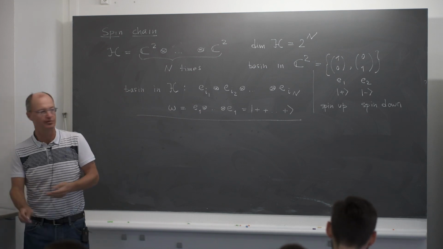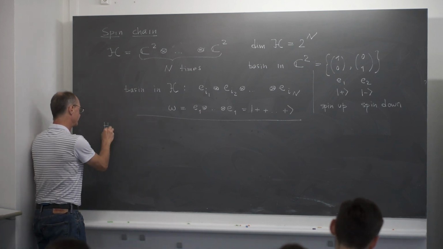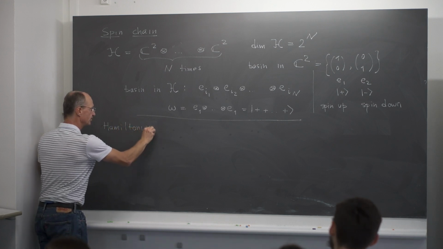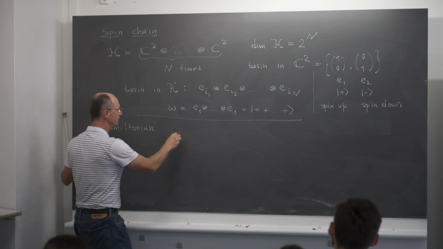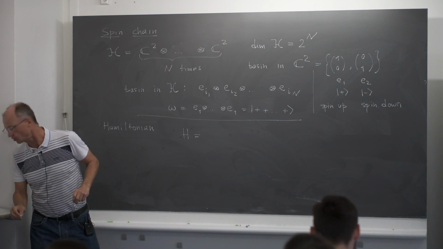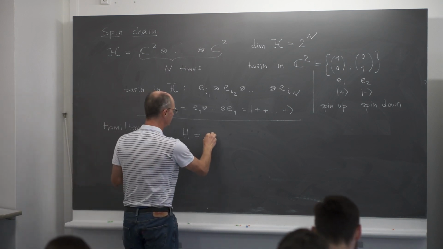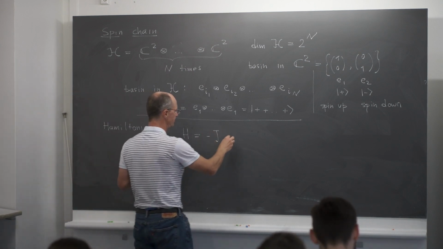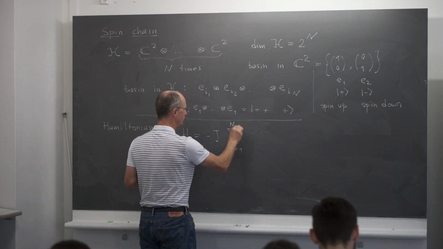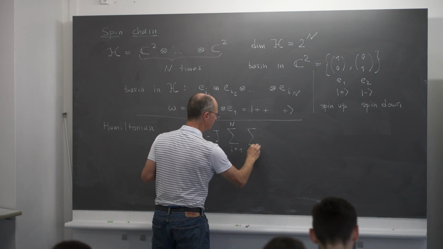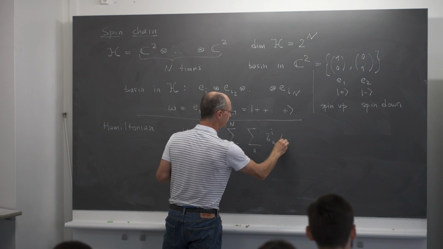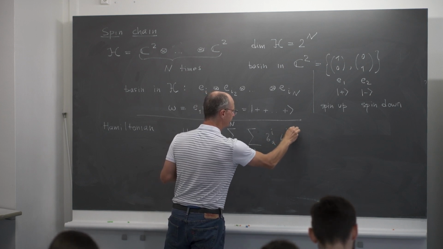Now, what's the question? We should equip this space with a Hamiltonian, and the Hamiltonian we defined in the following way. I don't quite remember which sign we chose, maybe the minus sign, and here will be the sum from 1 to n, and here the sum over a, sigma a i, sigma a i plus 1.